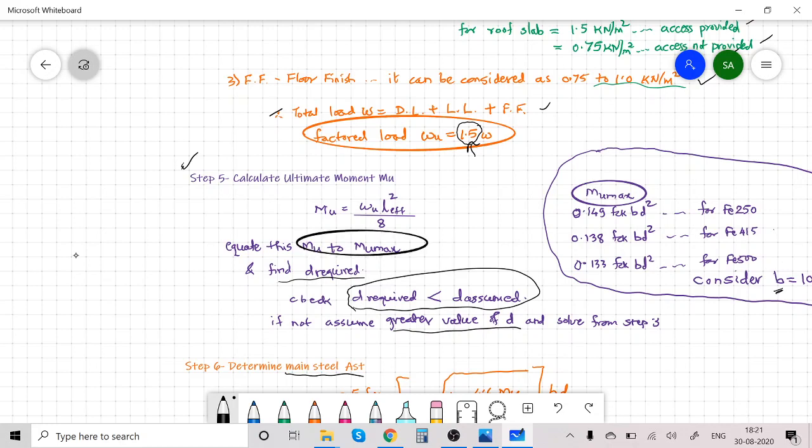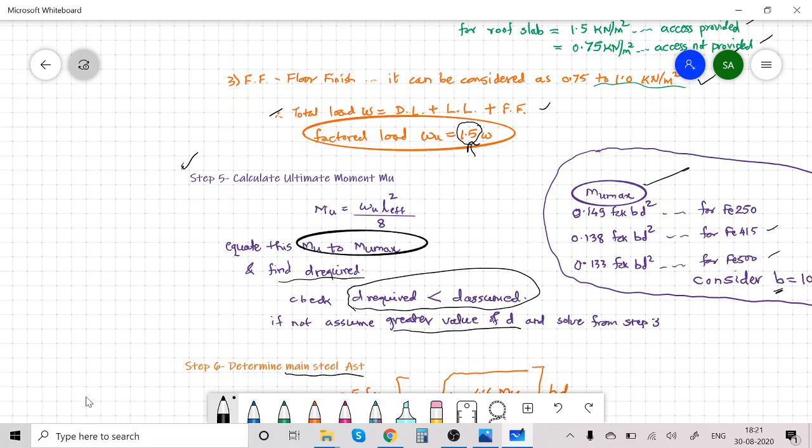Mu max depends upon the grade of steel. For Fe250, Mu max is 0.149 FCK BD square. For Fe415, Mu max is 0.138 FCK BD square, whereas for Fe500, Mu max is 0.133 FCK BD square.